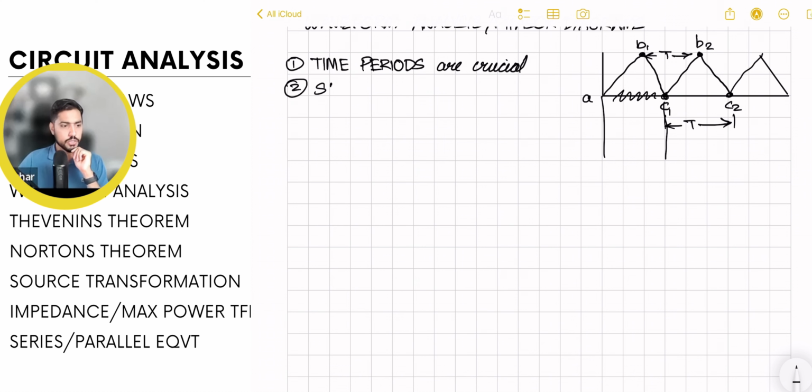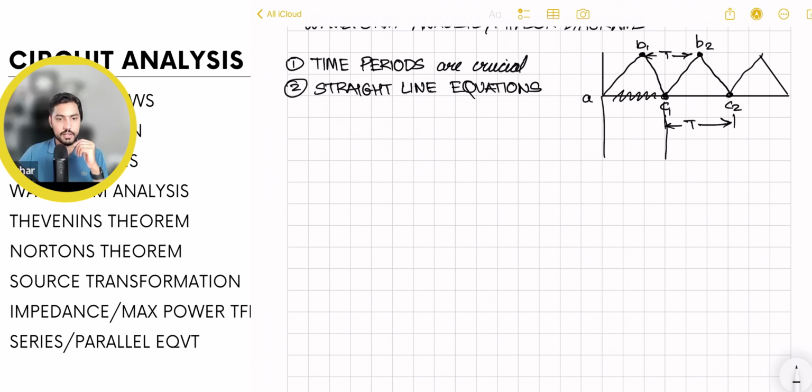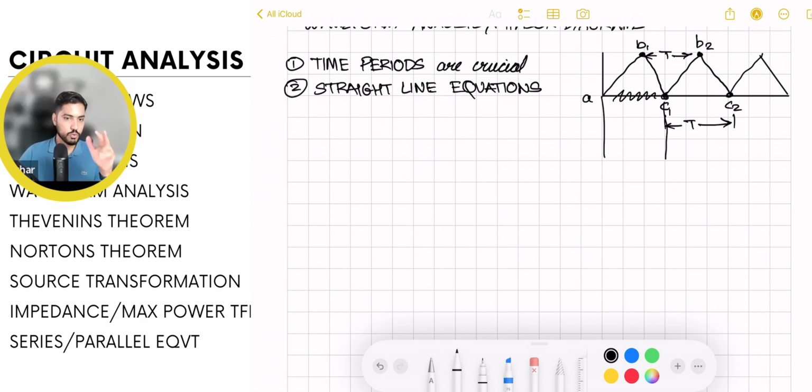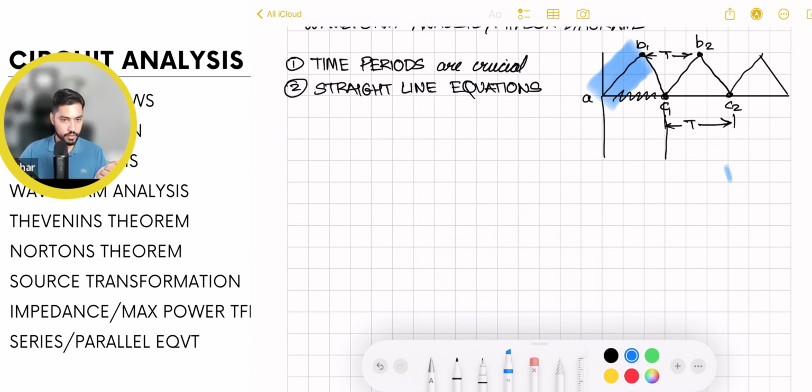Another thing that you need to really get a good handle on when you're doing waveform analysis is straight line equations, right? Now, when you deal with straight line equations in mathematics, it basically seems like a slam dunk. You are given 2 points between which you have to find a straight line, or you're given a point and a slope, okay?